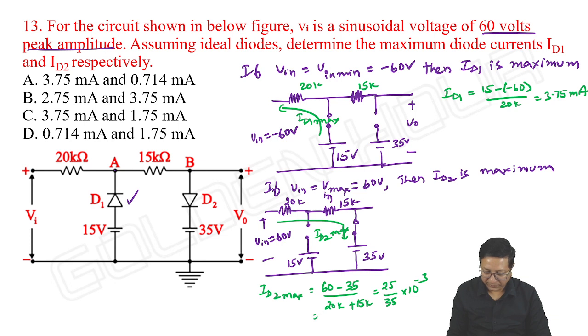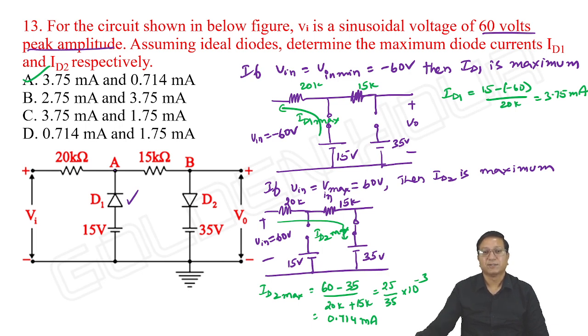Anyway, 5 by 7 I can write, which is 0.714 milliampere. So option A is correct, ID1 and ID2 maximum. That's it. This is how we can do this.